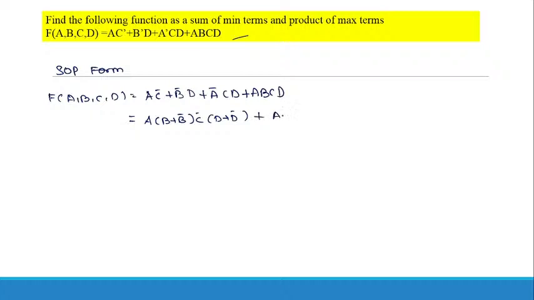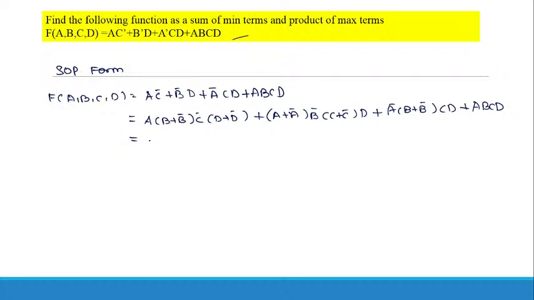Then A plus A bar. Then B bar, C plus C bar, D plus A bar, B plus B bar, C, D. I'm going fast, I know that, so my handwriting looks clumsy.